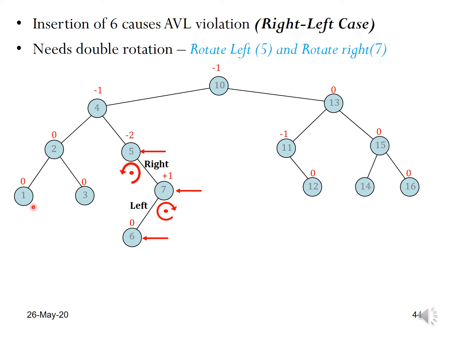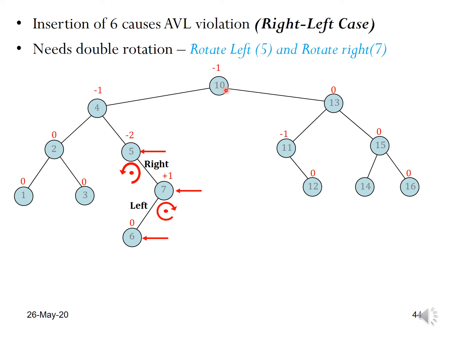So the balance factor of 1, 3, 6, 12, 14, 16 will be 0, and the balance factor of this 2 is 1 minus 1, 0, and this is 1 minus 0, this is 1, and this is 0 minus 1, this is minus 1, this is 1 minus 1, 0, this is 2 minus 2, 0, this is 1, 2, 3, 4, 4 minus 3, this is plus 1.